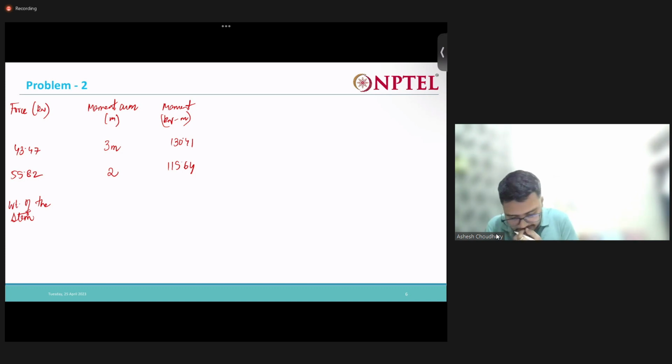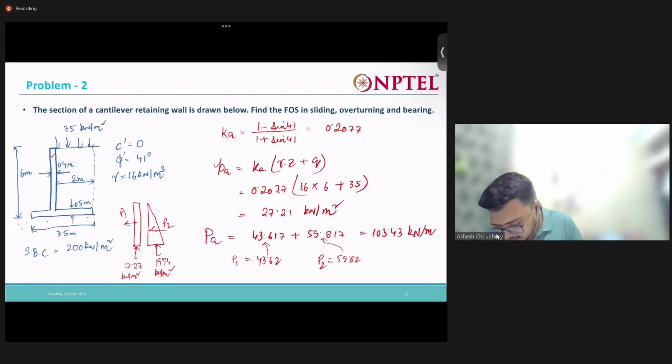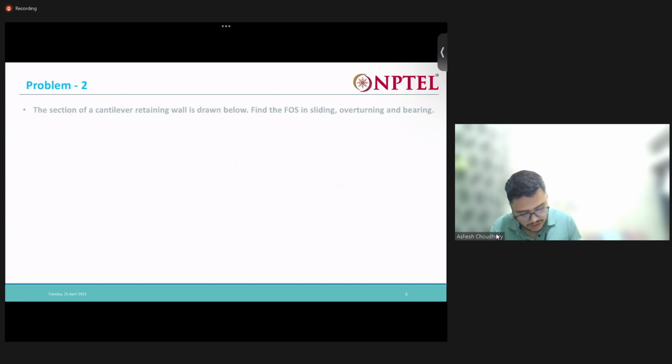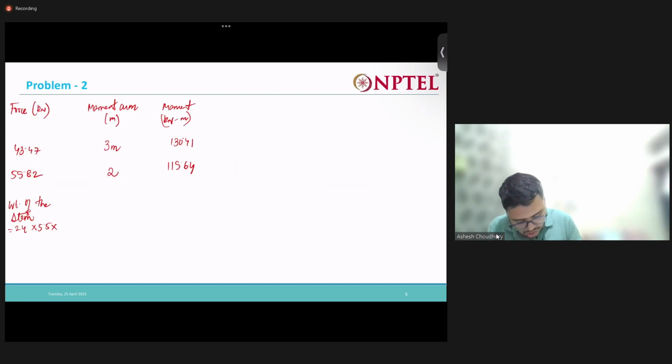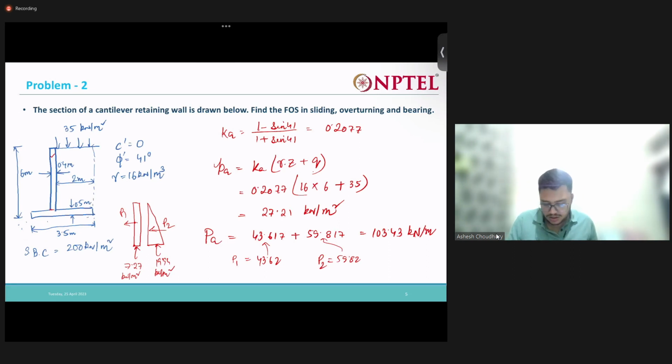So the weight of the stem is equal to 24 into the height of the stem, 6 minus 0.5, so 5.5, measuring from here, right? Into the width, which is given as 0.4, so we get 52.8. The moment arm will be 2.2 from the heel. All right, okay, just a second.